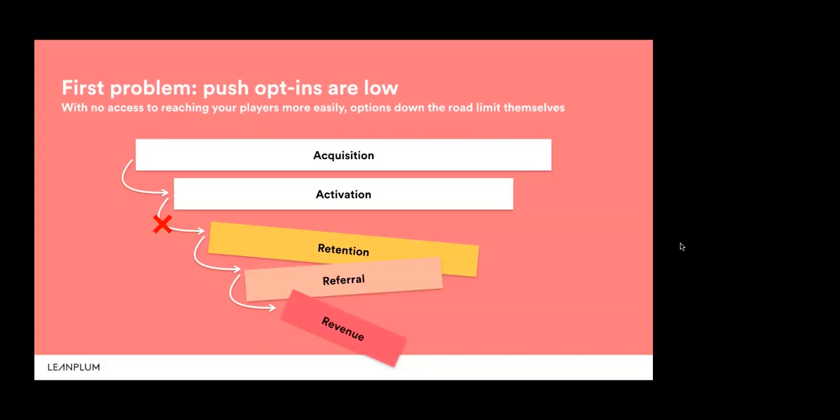But the problem boils down to one of communication. If you have no access to being able to message your players, to reach them more easily, then the options down the road to be able to engage with them and pull them back to your game are going to limit themselves. This isn't limited to push notifications. This can be for any channel of messaging.